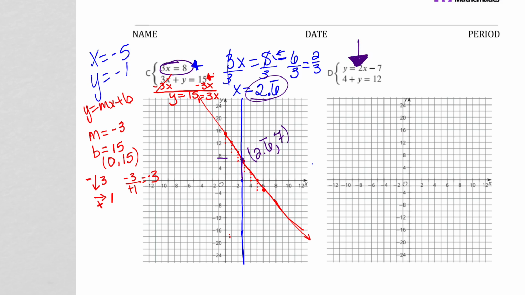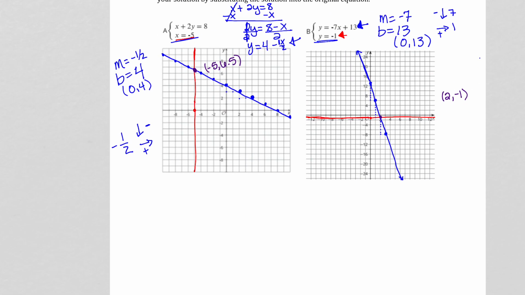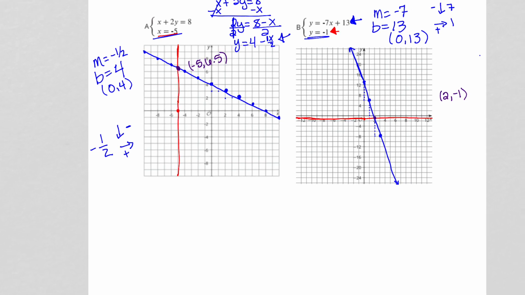So, right now what I want to do is I want to have you guys check our answers that we've gotten so far. How we're going to do that, we're going to go back over here. We're going to start with the basics of substitution. So we're going to plug in the numbers that we got for our answers. So go back to A. So we got -5, 6.5 for our solution for A, right?